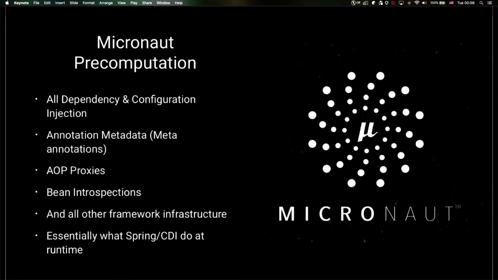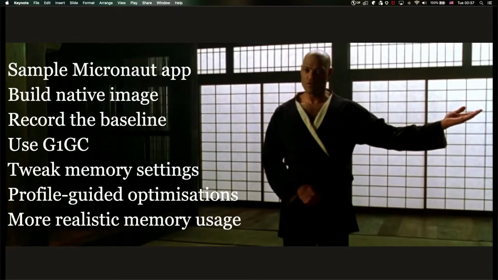Essentially, this is what you would expect a web application framework in Java to do at runtime, at the beginning of runtime, creating the context and so on. Micronaut does that using pre-computation in the annotation processor. And this is very good. So I would like to go to the demo now and show you a Micronaut application.